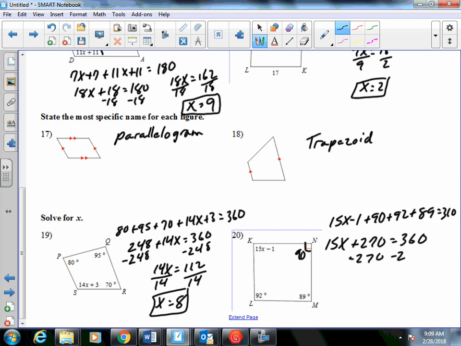Subtract 270. 15x equals 90. Divide by 15. And our x is going to equal 6.